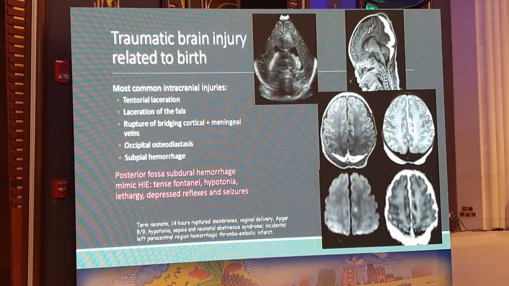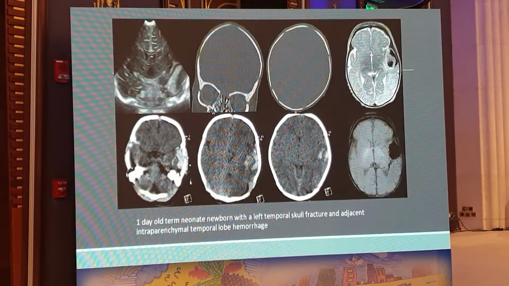In MRI we can also see if there is parenchymal injury, or related dural venous sinus thrombosis, venous infarction, or hemorrhage. In this patient you can see there is a fracture of the temporal bone. There is a subpial hematoma that can be detected by ultrasound. You can see it in the CT scan very clearly, and of course also in the MRI.